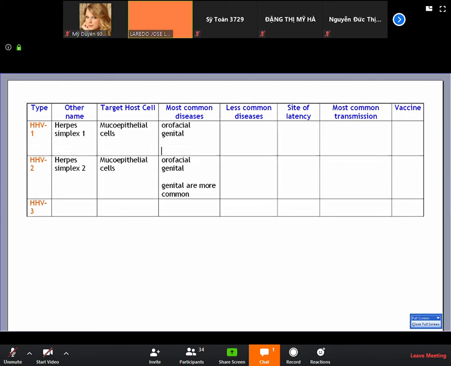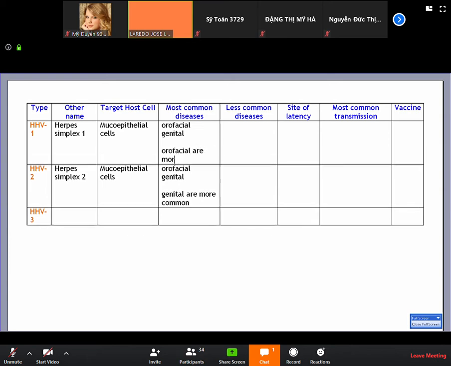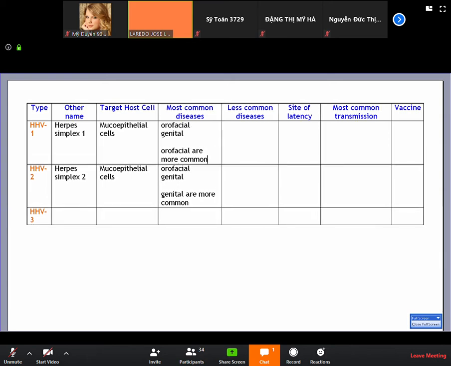And for type 1, orofacial diseases are more common. So genital, mostly type 2. Orofacial, mostly type 1.